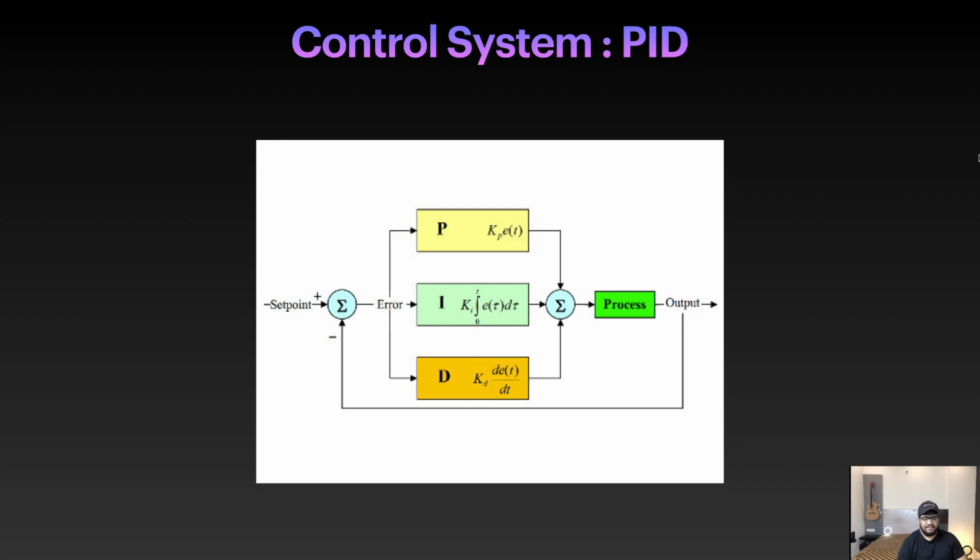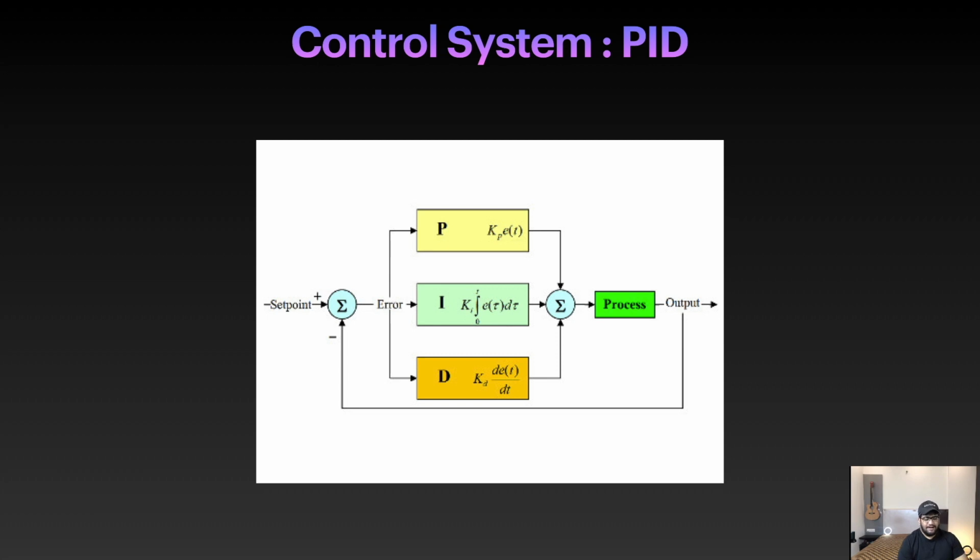You multiply with Kp, you multiply with the integral by Ki, and you differentiate it and multiply with Kd, and you get the actual signal and send it back. This is the control system which we use in drones. It's called PID, proportional integral derivative. The motive is simple: to reduce the error as much as possible and bring the current measured value as close as possible to what the user requested, the set point.